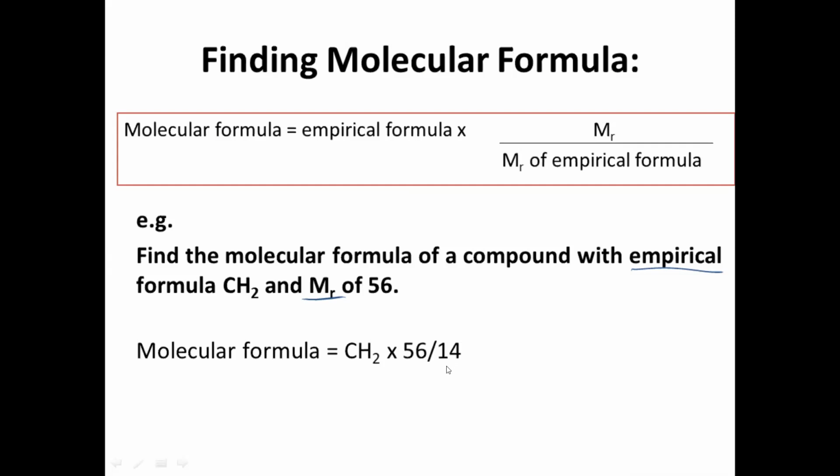So I'm basically seeing how many times the empirical formula fits into the MR. If you divide 56 by 14, you get 4. That means CH2, which is the empirical formula, fits 4 times into the molecular formula. So the molecular formula must be C4H8.